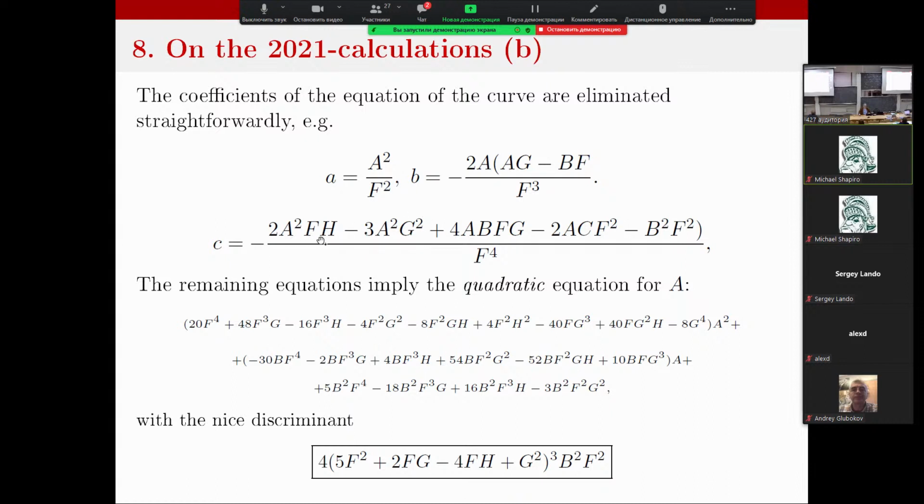Now, after several easy steps of eliminating extra unknowns, we come to some terrible system of equations, and I'm not at all sure that you can see all the coefficients of one of them, but it is quadratic in A.